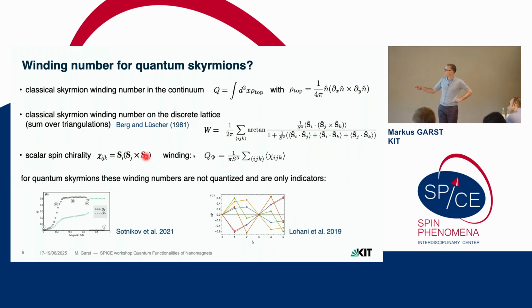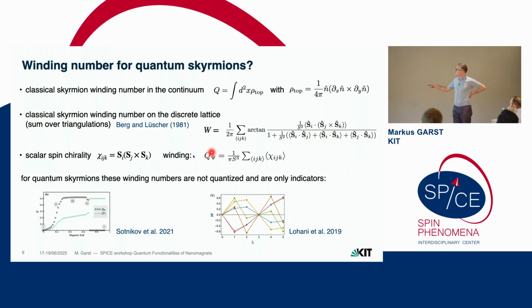So there should be at least neighboring sites, and this gives you 2 gradients in the continuum approximation. So the scalar spin chirality in the continuum limit very naturally reduces to the topological charge density. And so one way is just to calculate the expectation value of the scalar spin chirality operator.